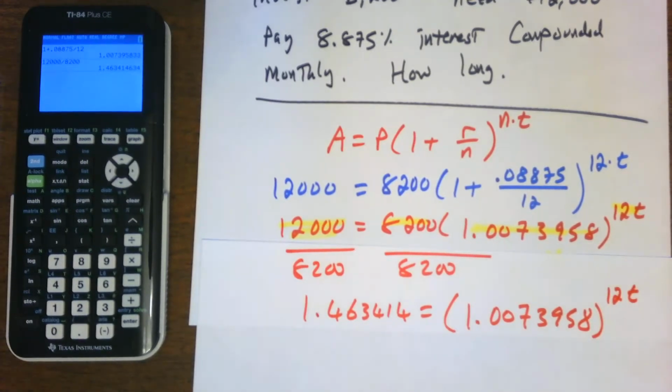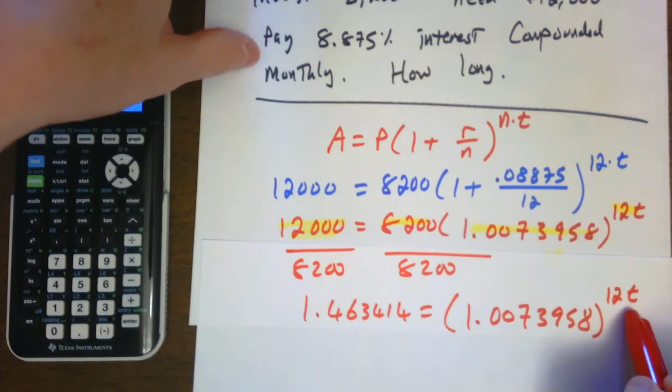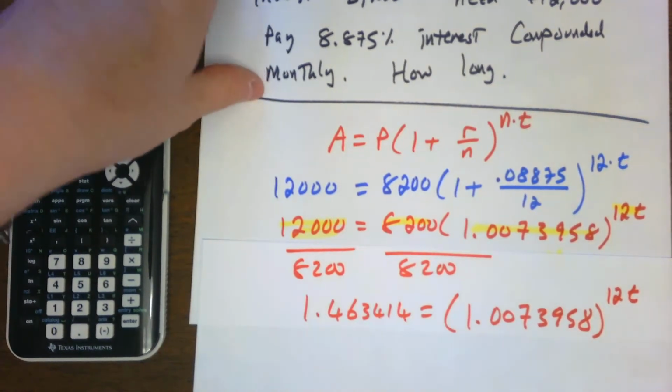I know the decimals are getting kind of awkward, but we're actually going to use our calculators to do a lot of these calculations. I want to solve for t. The problem is t is in the exponent. I need to get it out of the exponent. Well, how am I going to do that?